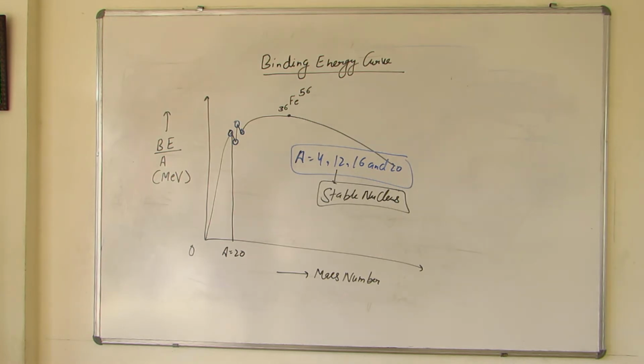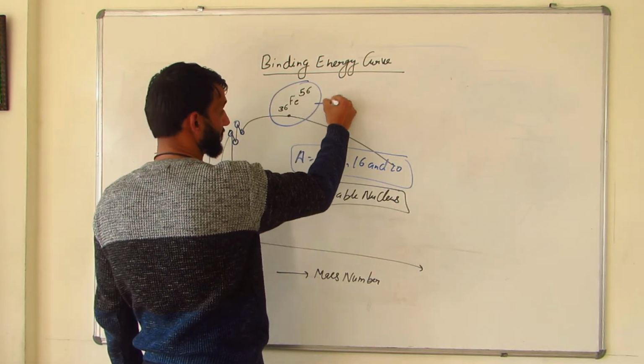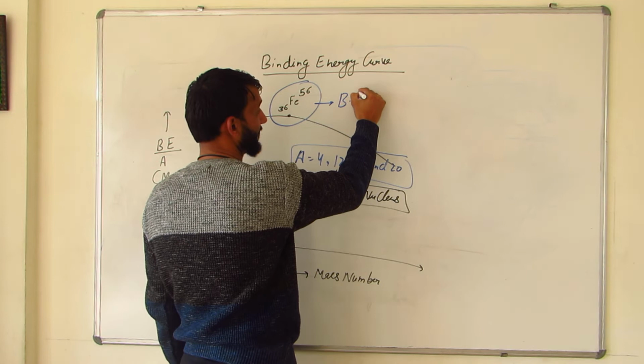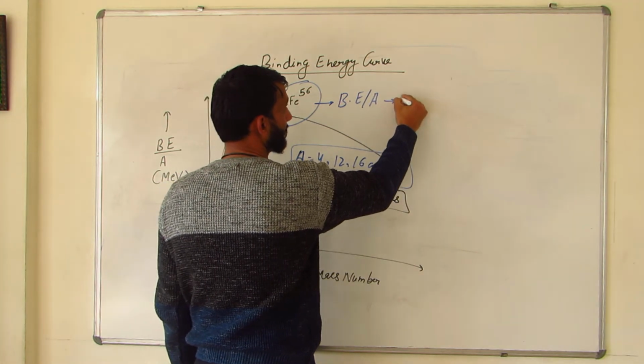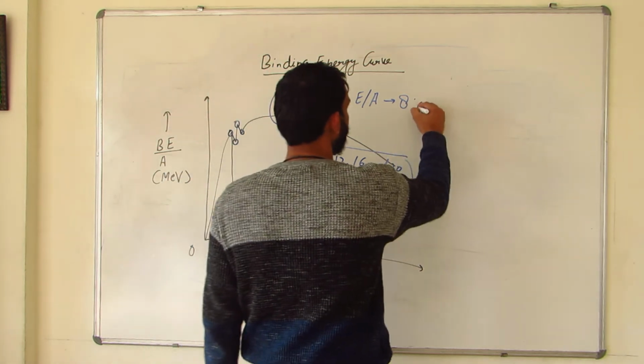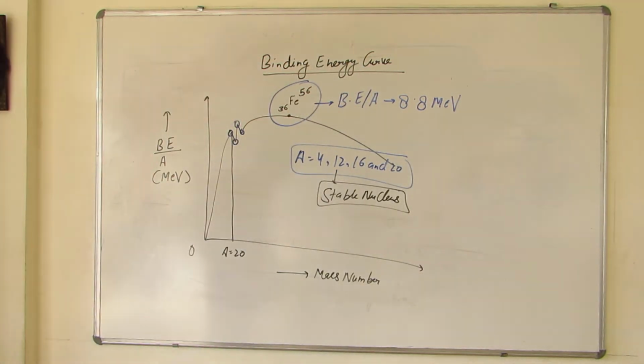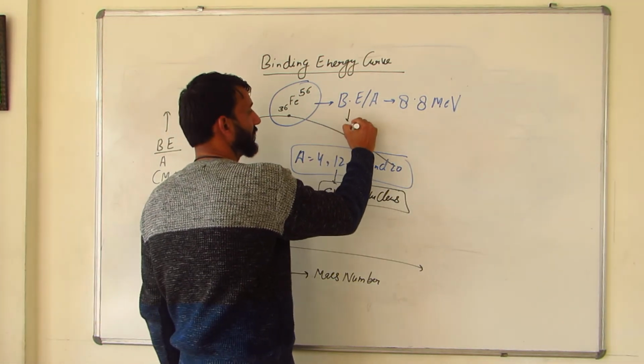Now the most strongly bound nucleus is iron. As discussed in the previous class also, it has the highest binding energy per nucleon of 8.8 MeV, and therefore it is the most stable.